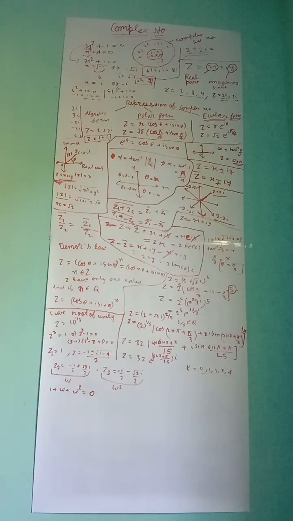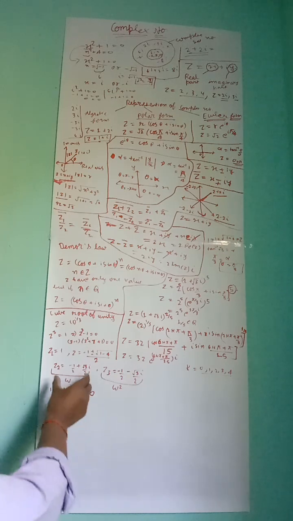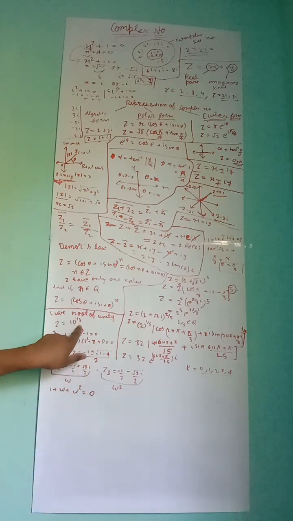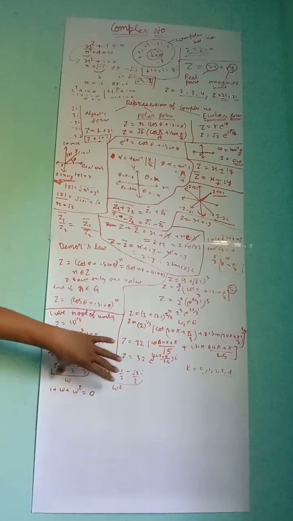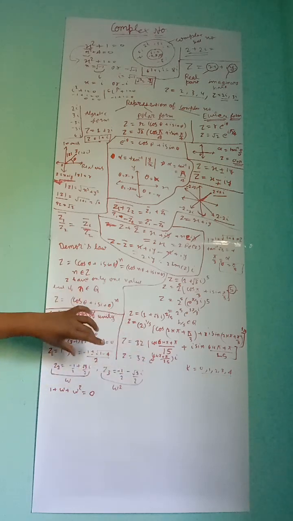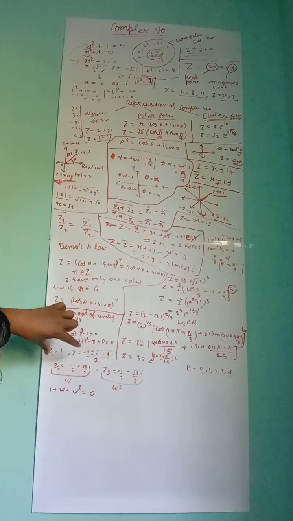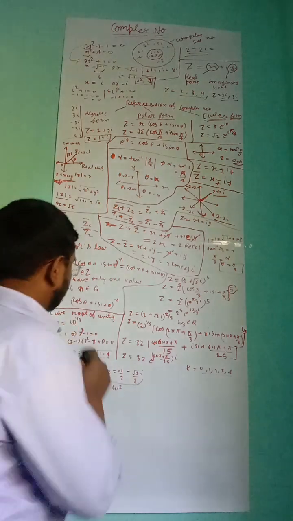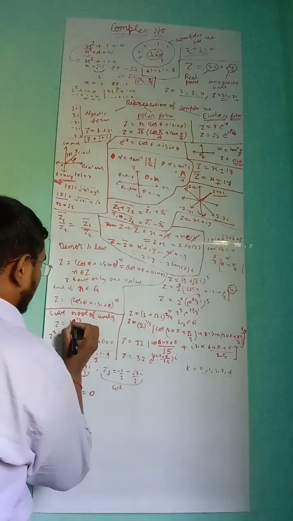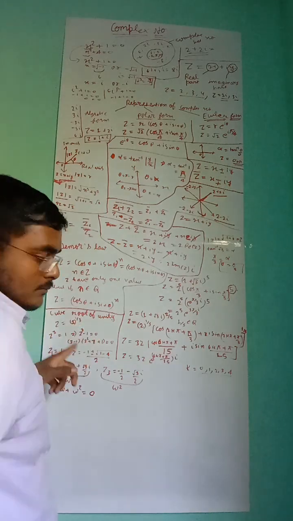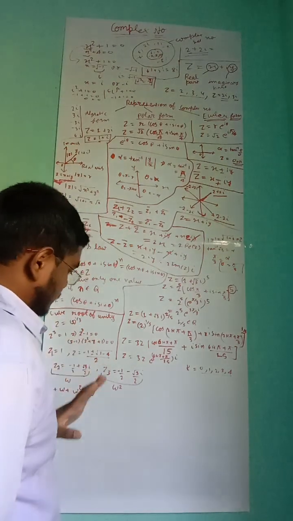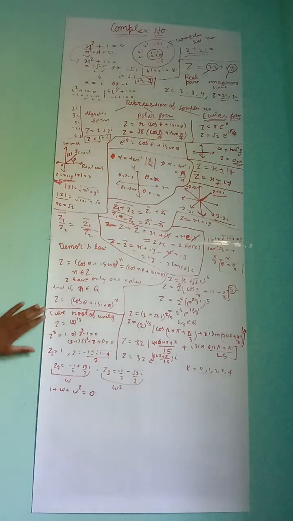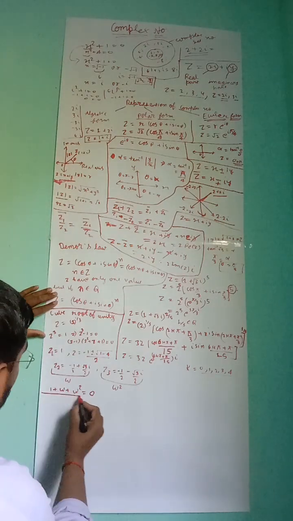So this is the rational number 1 by 3. So we get 3 different roots, and if we cube each of these 3 roots, we get the number 1.